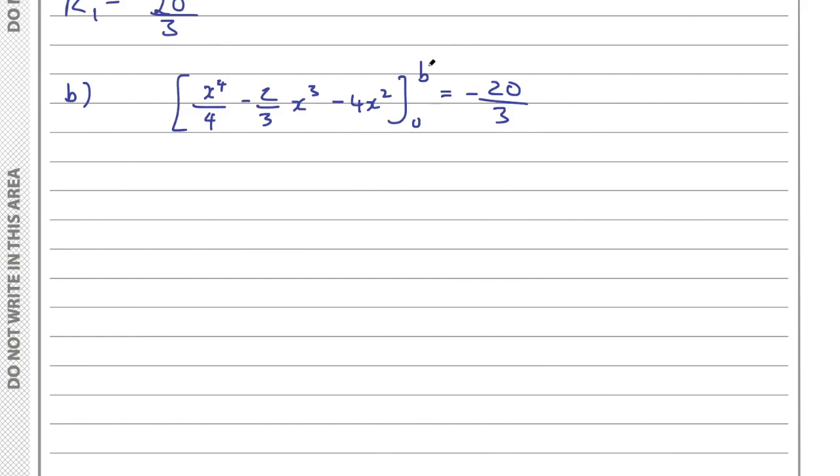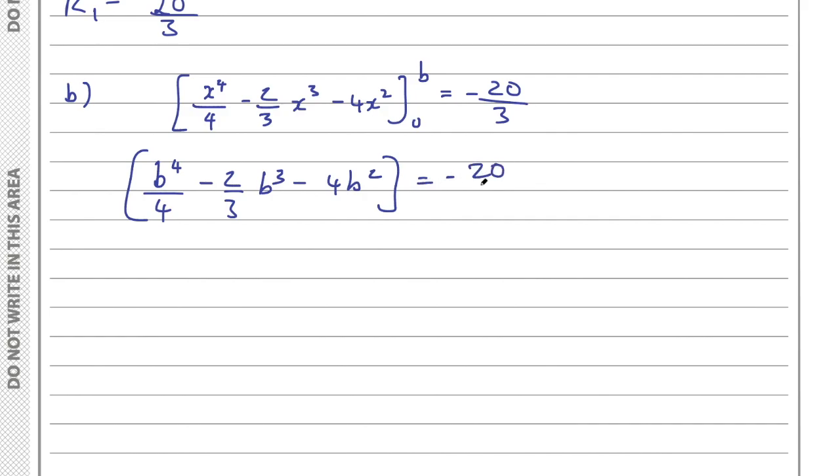And then substituting those in, the upper value will be substituted first. This is b to the power 4 on 4, take 2 on 3 b cubed, take 4b squared, take 0, so plugging 0 into this would just get 0, so don't need to worry about that.